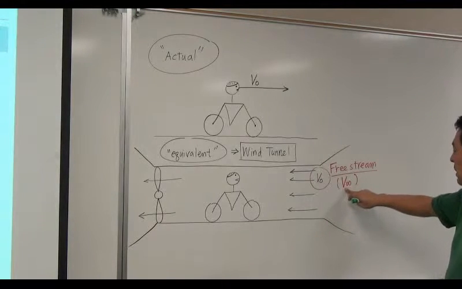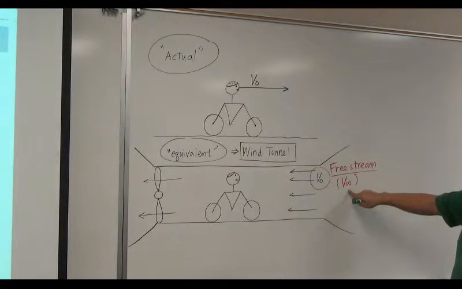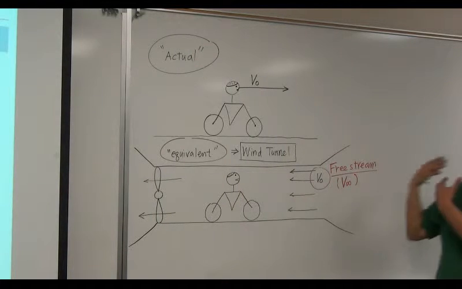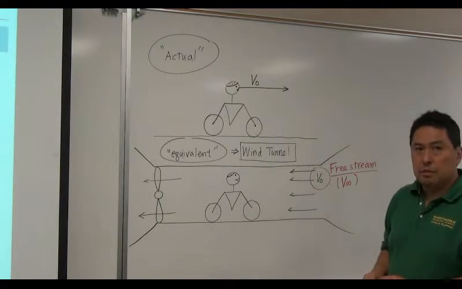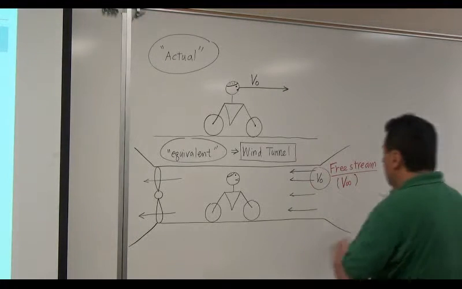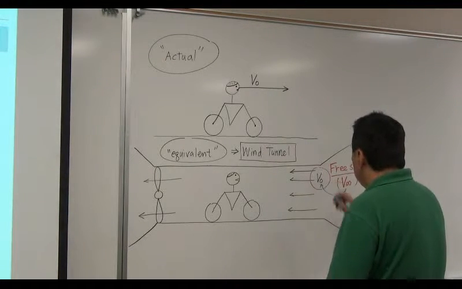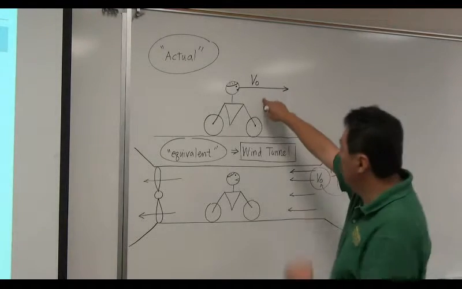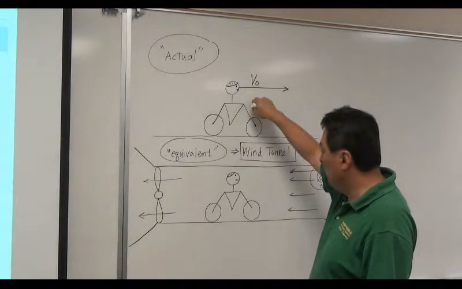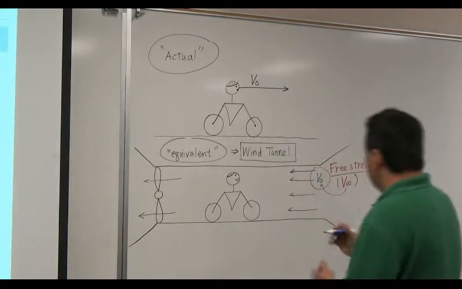So infinity means, ideally speaking, this is the free stream velocity v0, which is completely undisturbed by the presence of this model. Free stream. Okay. So in this particular case, free stream is v0, which is the same speed as if this person is moving in non-moving air. Okay. So this is the wind tunnel test.